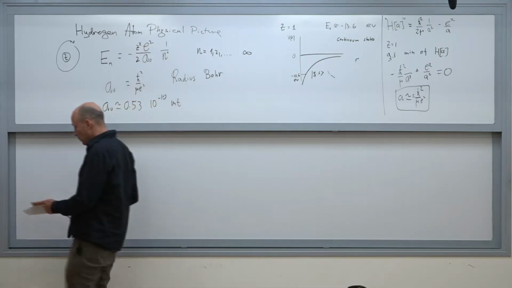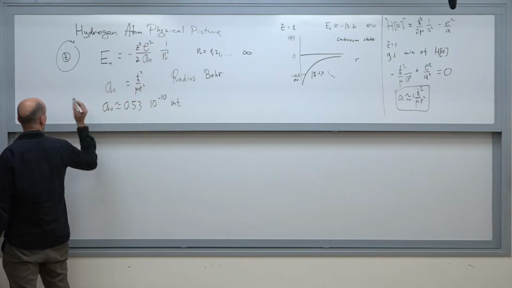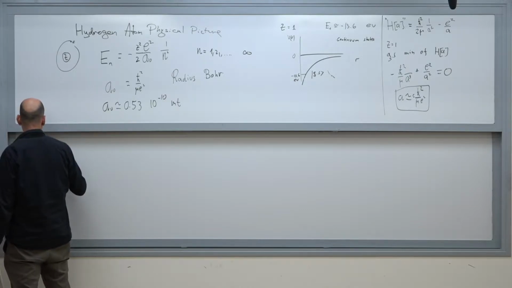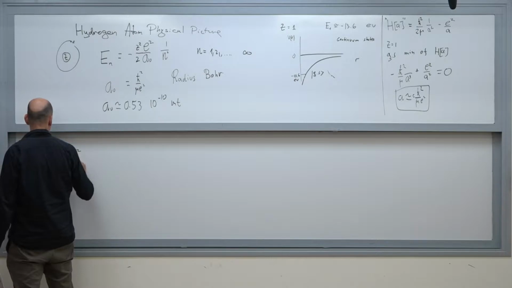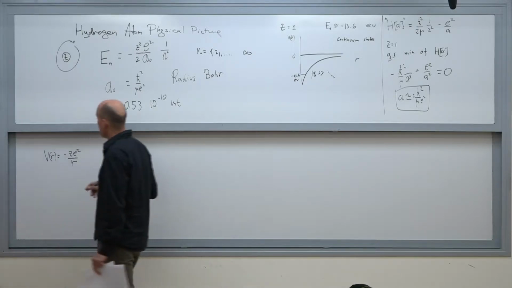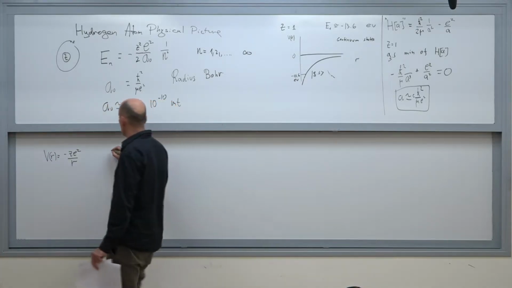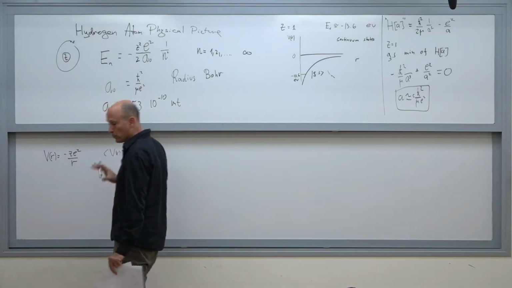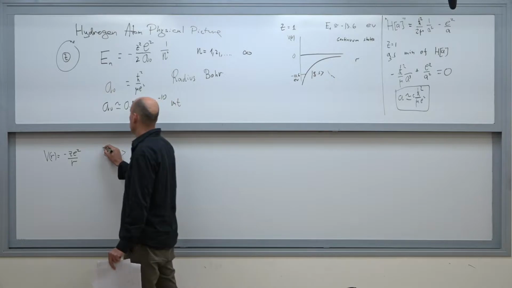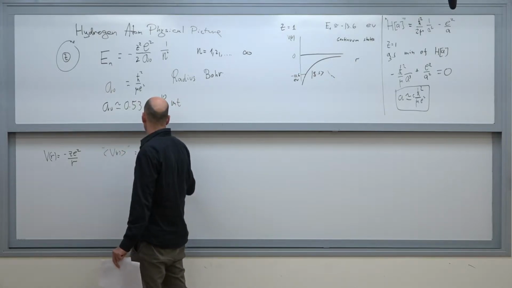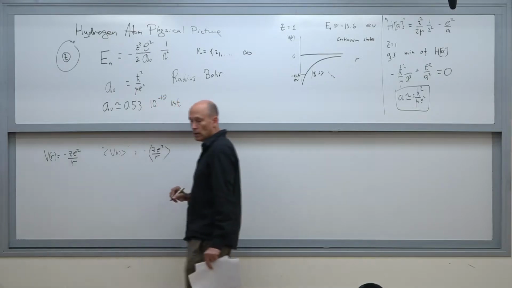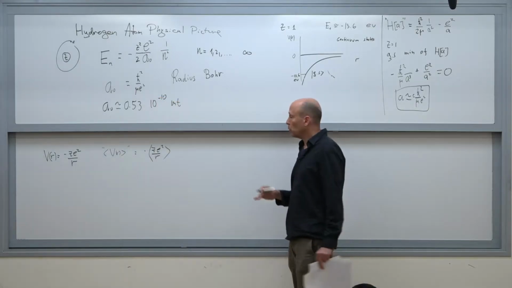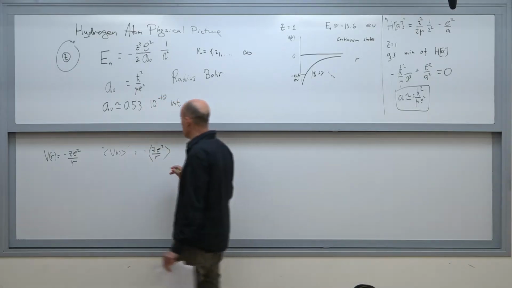The idea is the following. You have V of R, which I said is minus Z E squared over R. Now, roughly speaking, let us look at the average potential, more or less. That is equal to minus Z E squared over R average. Right? But this is again not rigorous.